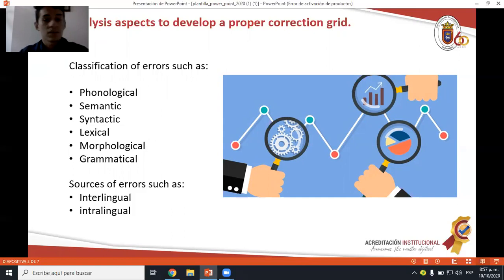The lexical ones are more related to misspelling, replacements, or deletion of letters, that in this case tend to change the meaning of a sentence.